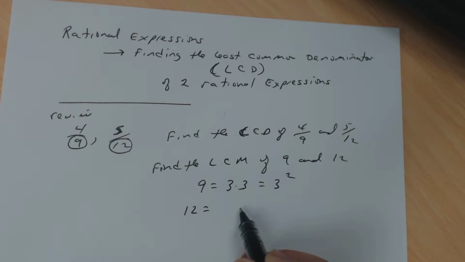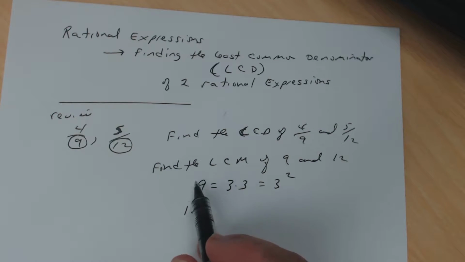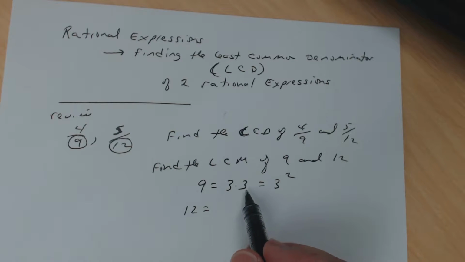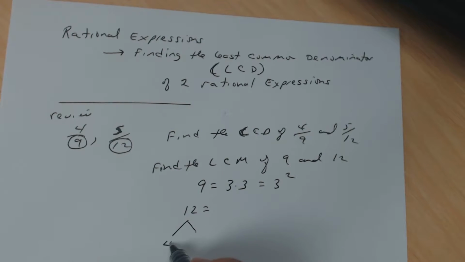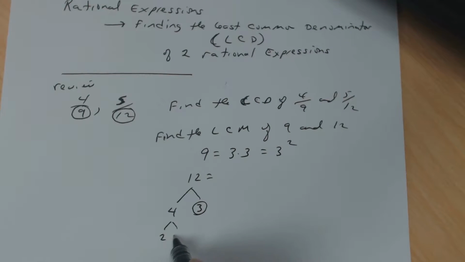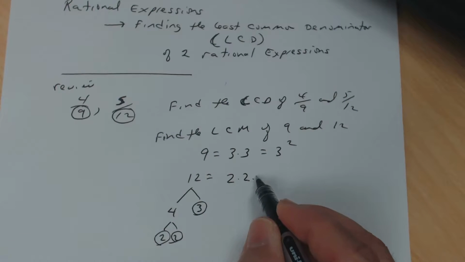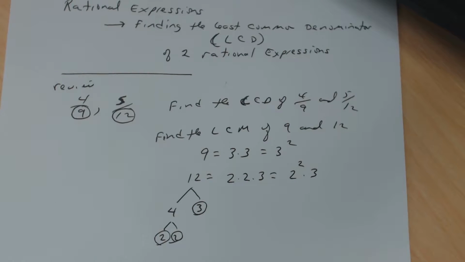And then 12, remember, the prime factorization means you're going to write each composite number as a product of prime numbers. 12 is 4 times 3. 3 is prime, and 4 is 2 times 2, and 2's are prime. So this becomes 2 times 2 times 3, which is 2 squared times 3.